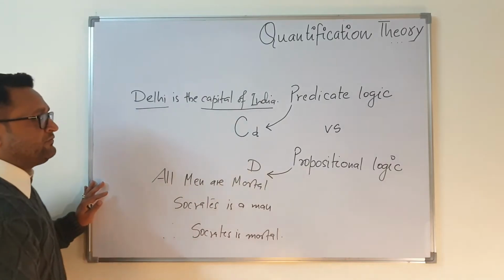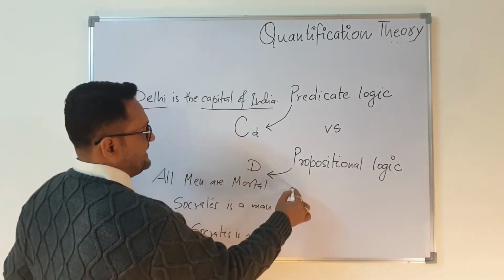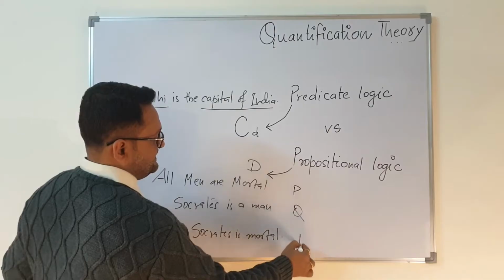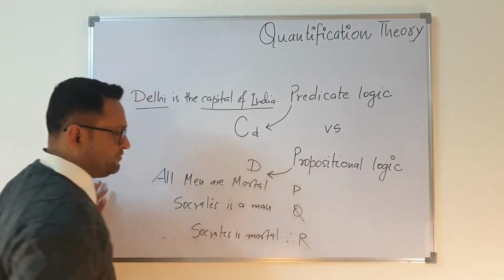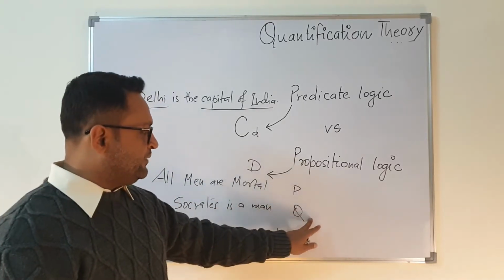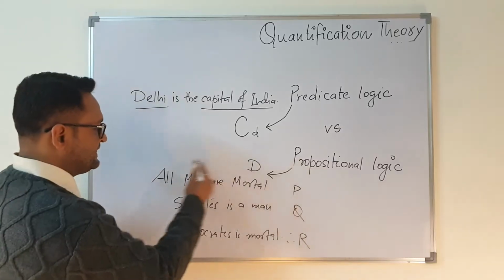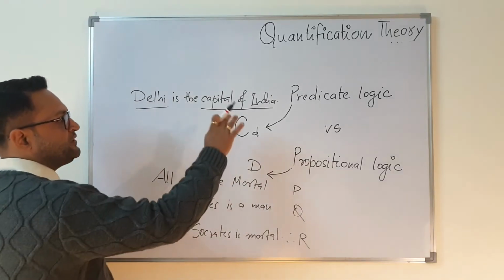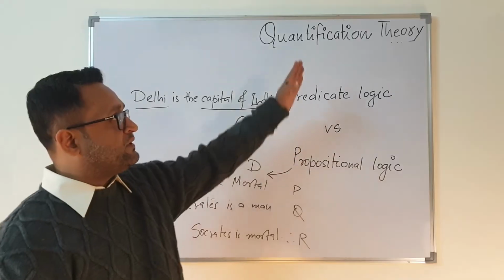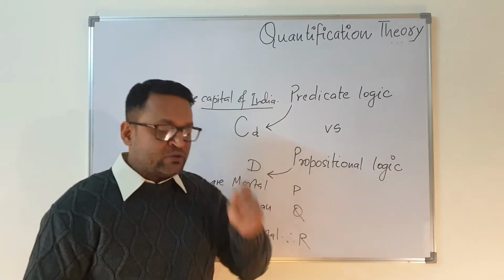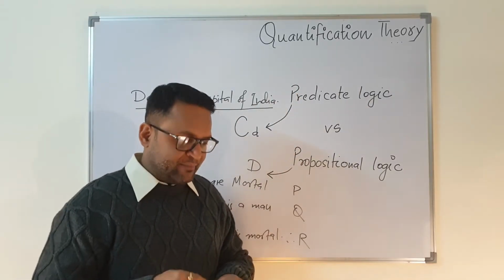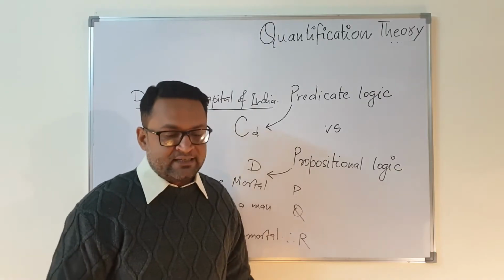Okay. Now, if you use P for this, Q for this, and R for this, you will never be able to prove R from P and Q, even if you know that this is a valid argument. But when we use predicate logic, when we use quantification theory, you will see that these kinds of examples or questions can be very easily solved.